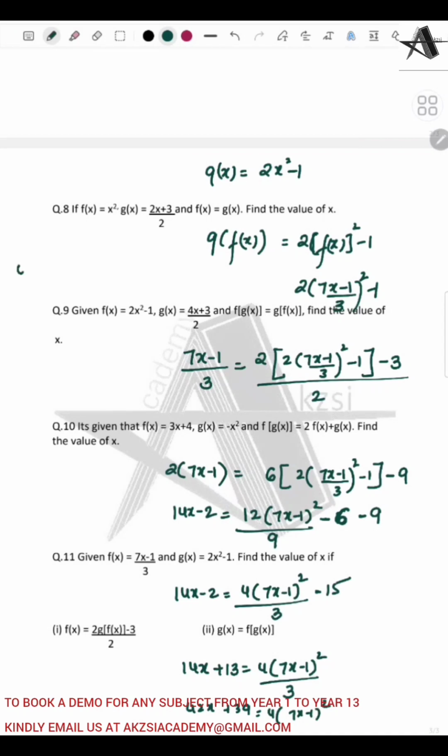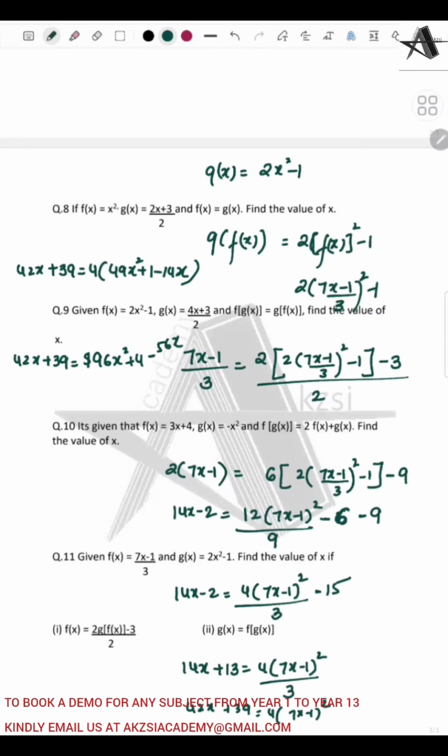Now I need to square it. So it will be 42x plus 39 is equal to 4 times (49x squared plus 1 minus 14x). So this will be 42x plus 39 is equal to 196x squared plus 4 minus 56x.